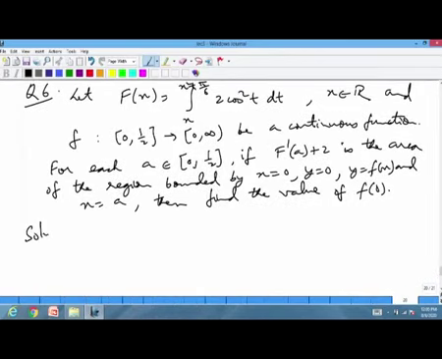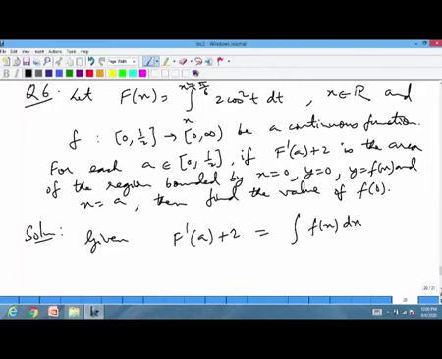So, what is given to us is that this f prime a plus 2 is the area of the region bounded by this curve y equal to f x dx from 0 to a.